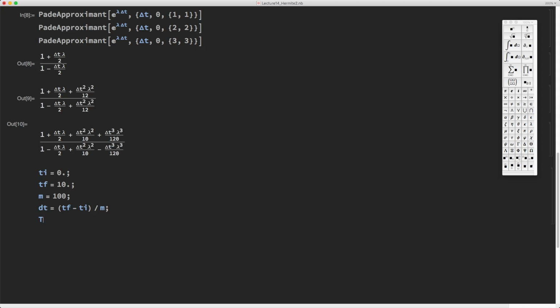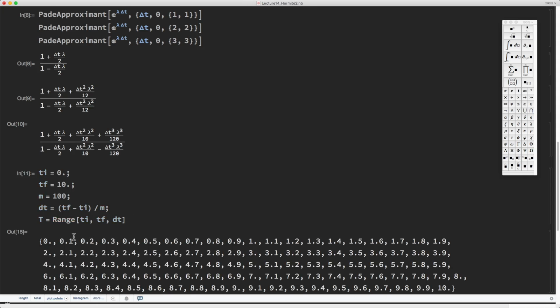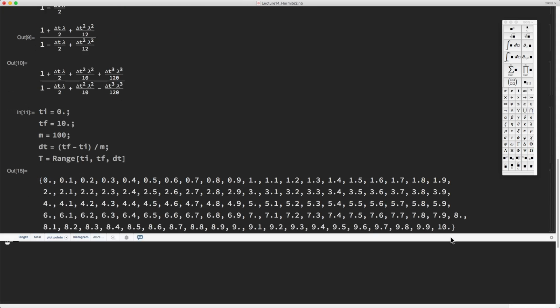And then let's define a range of time instants or grid points in time. We can use range from t initial to t final with step delta t or dt. Okay, so we're going from 0 to 10 in steps of 0.1.